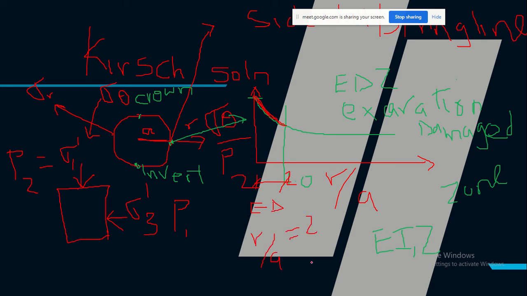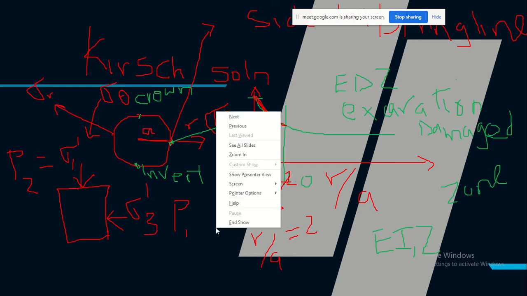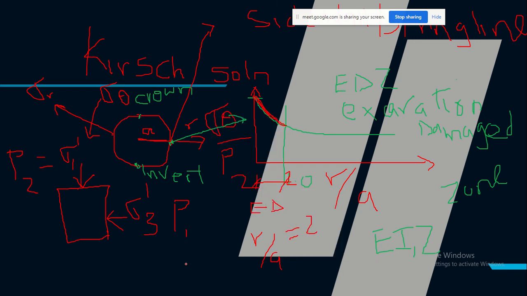What does that mean? Can anyone simply say what that means? If R over A is 2, that means what? R is 2A.